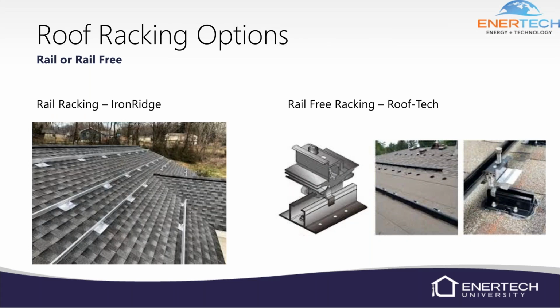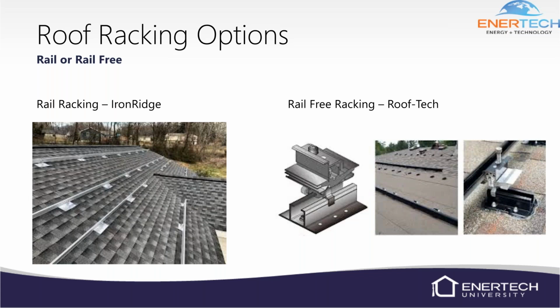Again, some roof racking options. We have rail racking, and we have railless or rail free. On the left here is an Iron Ridge roof mount with rails, and then Roof Tech has the railless, which is some brackets, and you mount the brackets right onto the roof, as seen in those pictures on the right side.